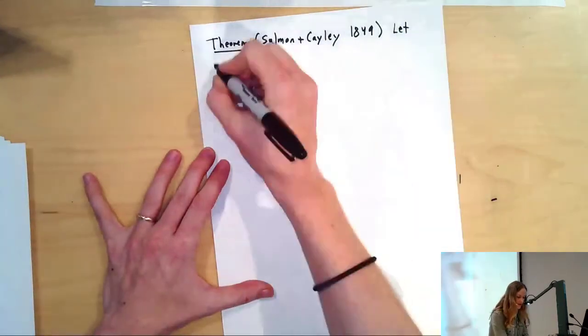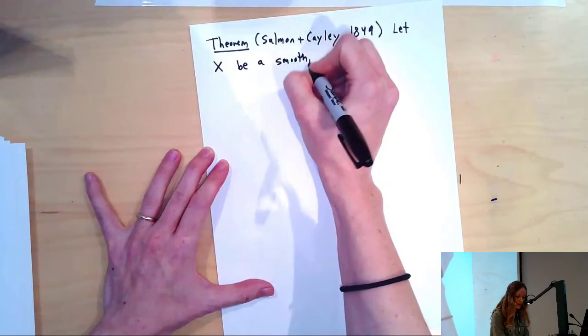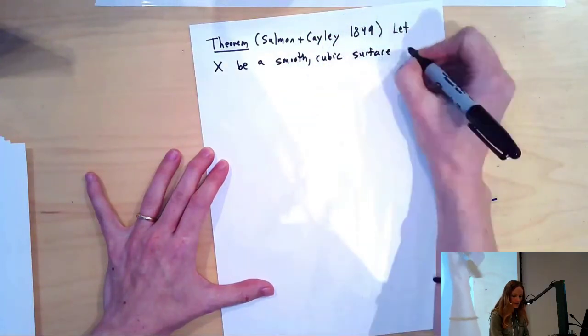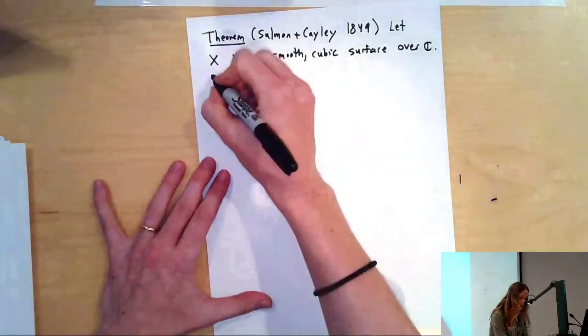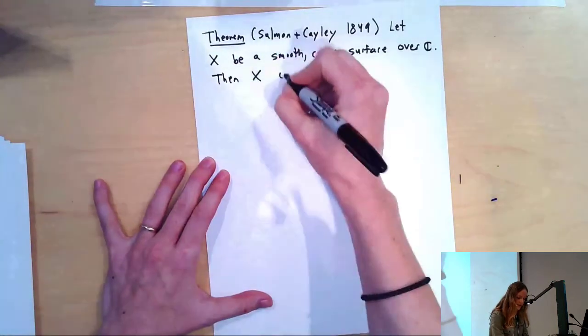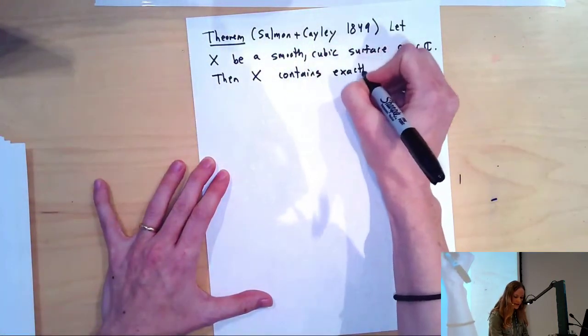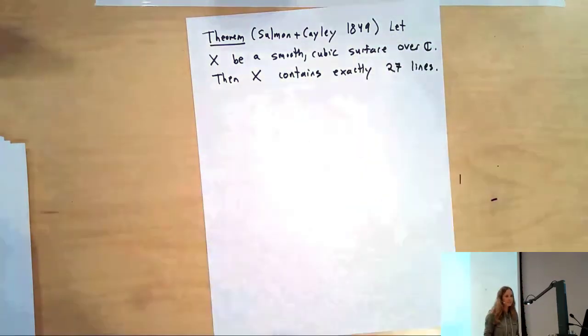So let X be a smooth cubic surface over C, then X contains exactly 27 lines.